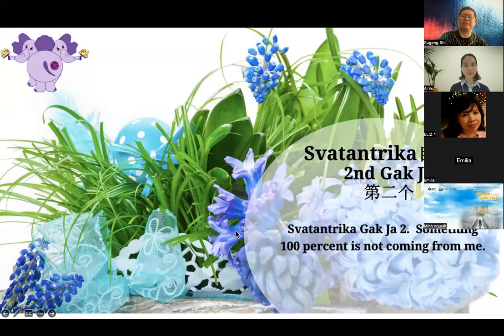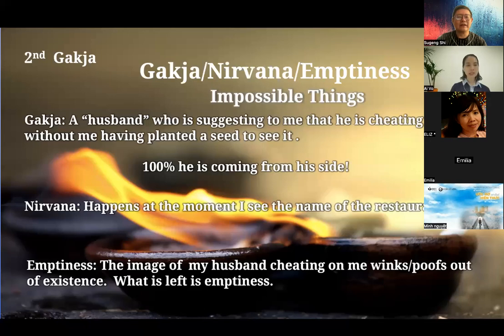Something 100% is not coming from me. So here we talk about the wife being jealous. The gacha is a husband who is suggesting to me that he's cheating on me without me having planted a seed to see it. 100% is coming from his side.